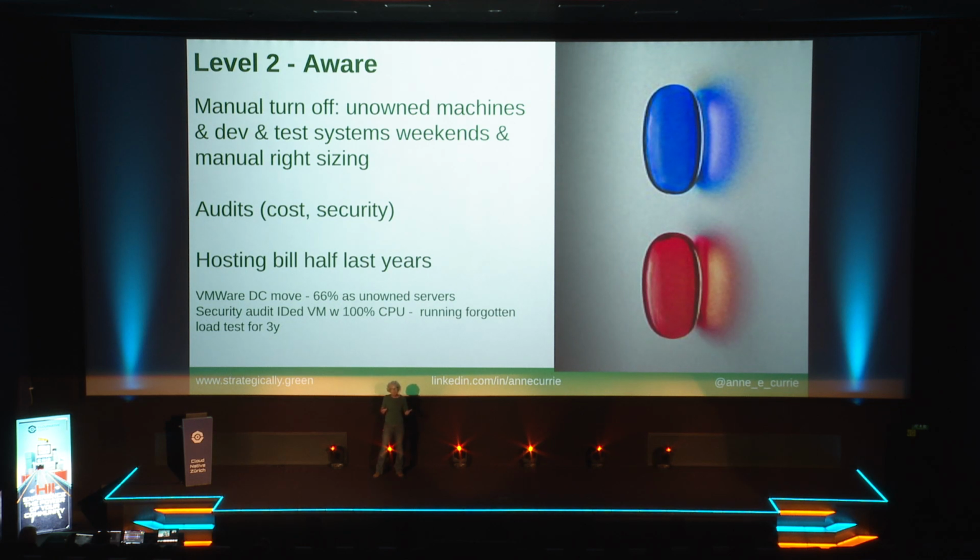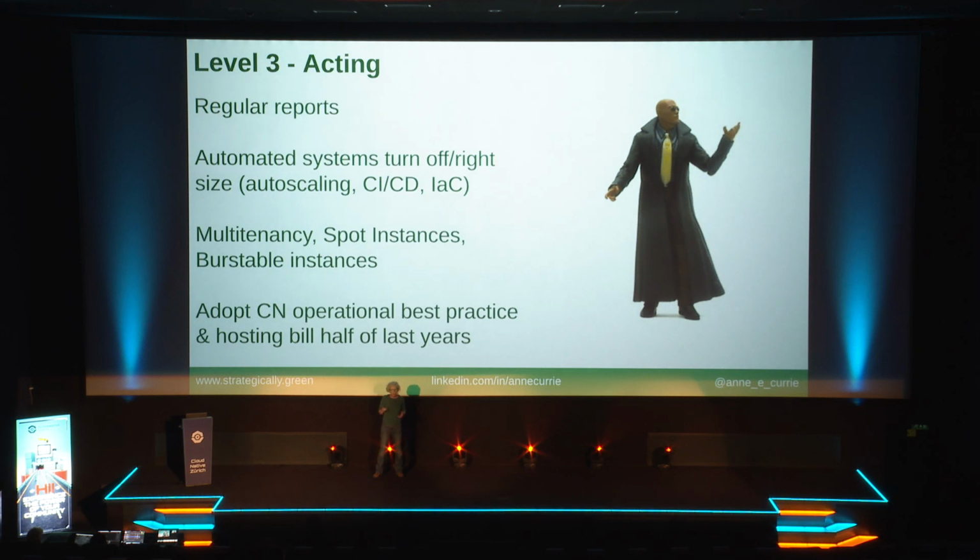It's also associated with security reviews and audits, making sure you know what's going on in your data centers. And we find that most people who do this, even this manual process, at least the first time, and often every time, will cut their hosting bill by 30 to 50%, because everything is over-provisioned to start with.